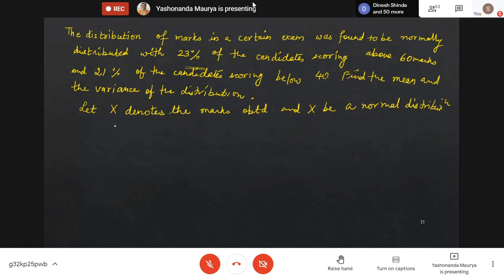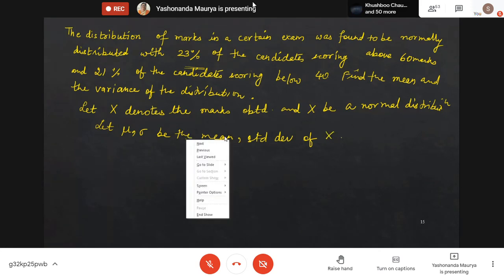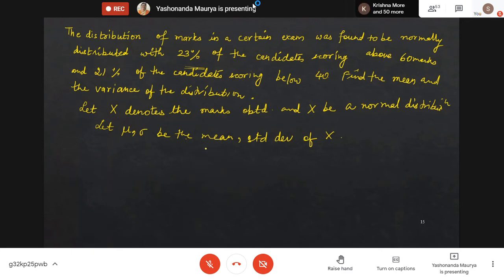Let mu and sigma be the mean and the standard deviation of X. We have also talked about what the mean and the standard deviation are. Now it's given that 23% of students got above 60.